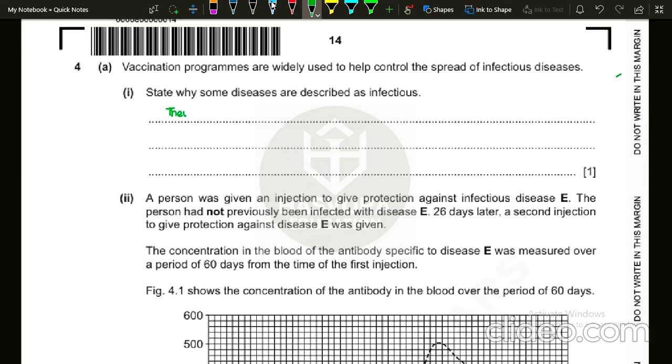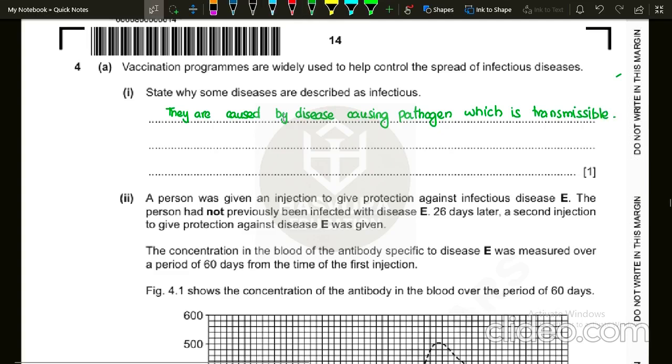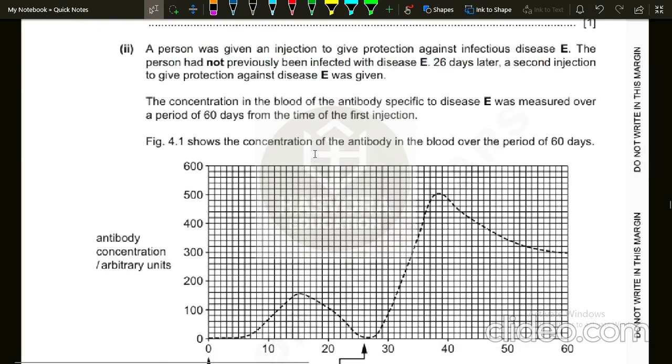We can say they are caused by a disease-causing pathogen which is transmissible. It can be transferred from one individual to another person.